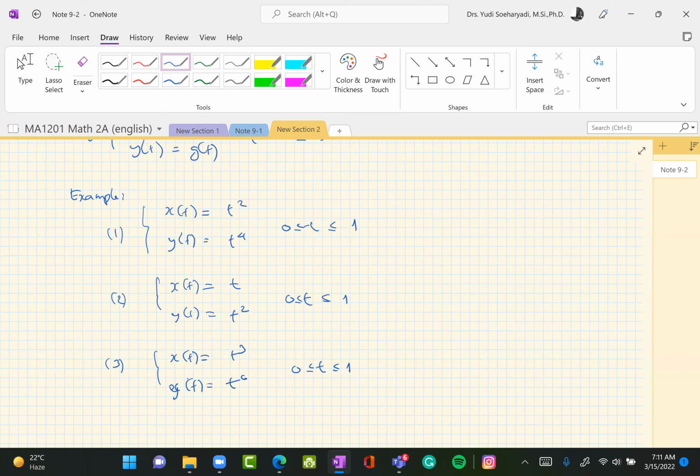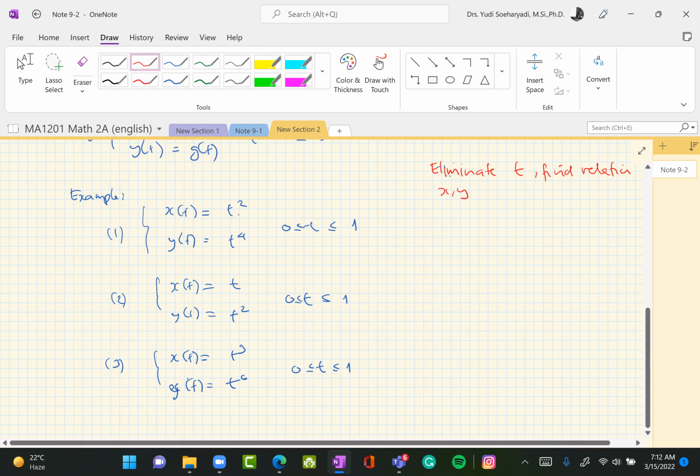Now the idea is that you have to find somehow a relation between x and y. Always we eliminate t, because this is the important thing: eliminate t somehow and find a relation between x and y. So in this case, this is a square, this is power 4.